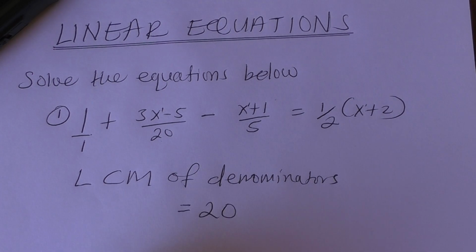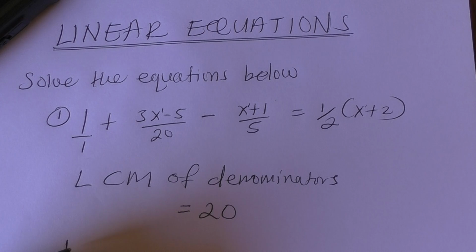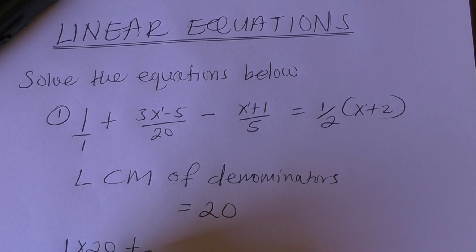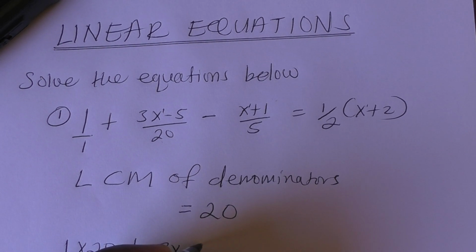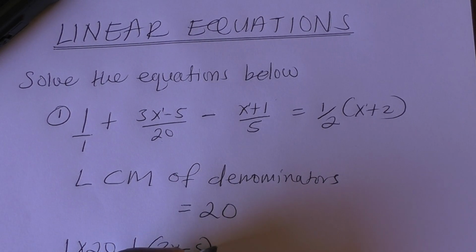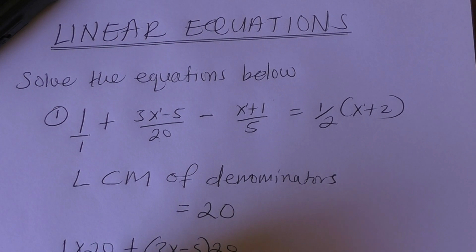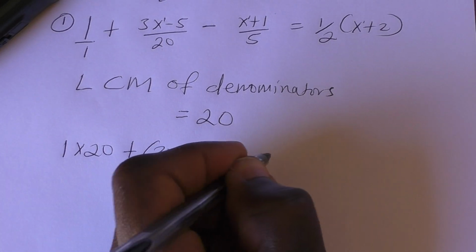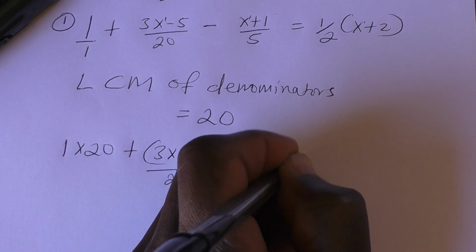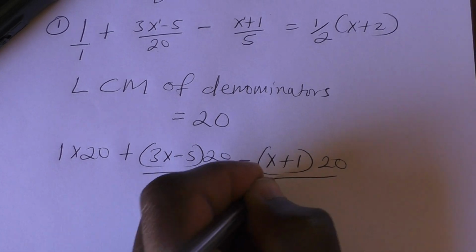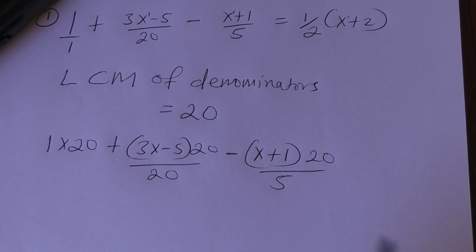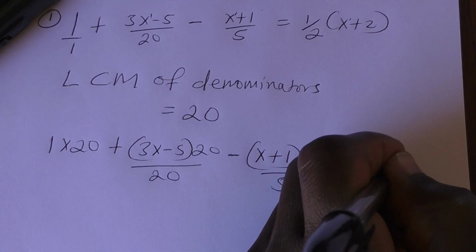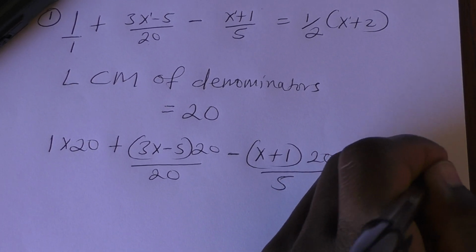That is to say, we shall have 1 times 20 plus 3x minus 5 times 20 over 20 minus x plus 1 times 20 over 5 equaling to a half into x plus 2 times 20.